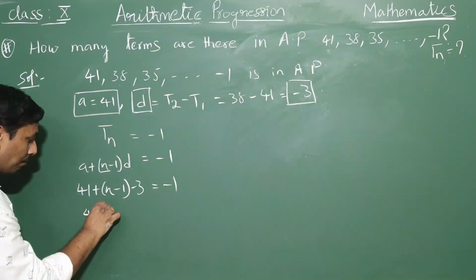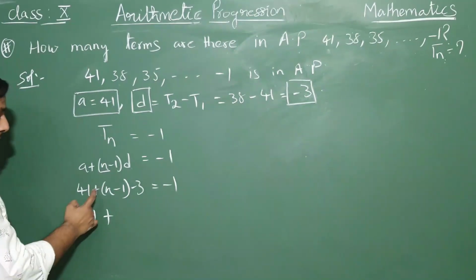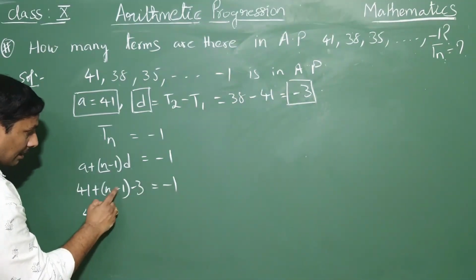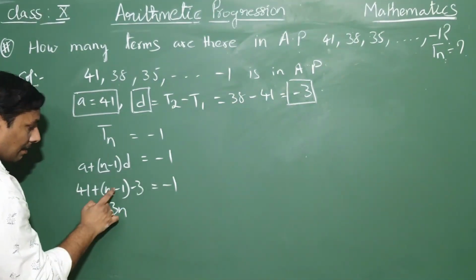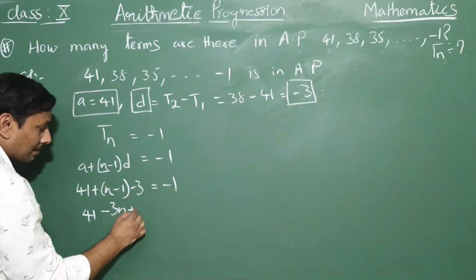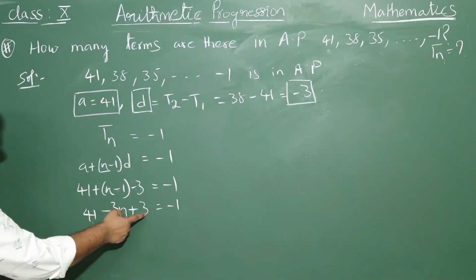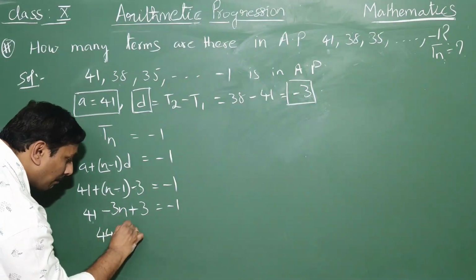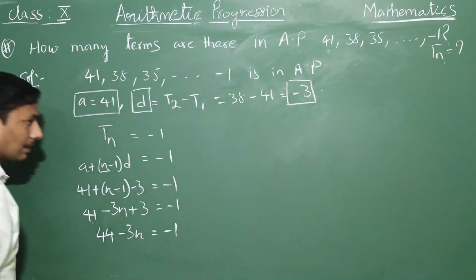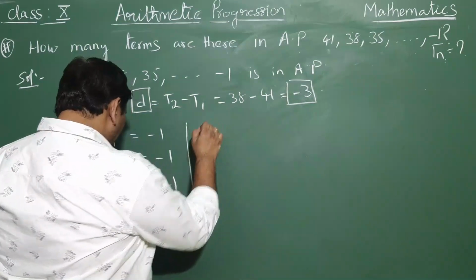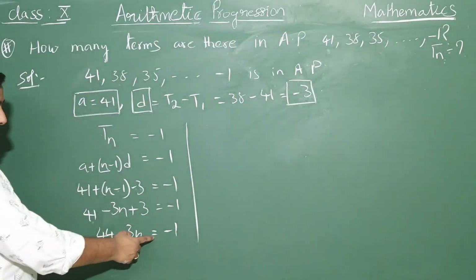So 41 plus, multiplying plus into minus, you get minus 3n. Minus into minus is plus, 1 into 3 is 3, is equal to minus 1. 41 plus 3 is 44, minus 3n is equal to minus 1.